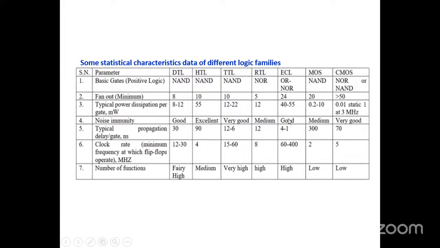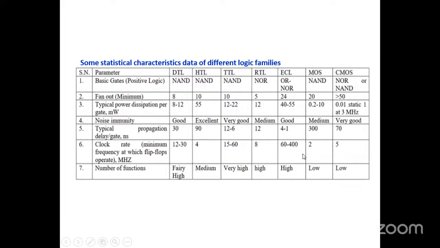Here ECL compared to all has very good noise immunity, and CMOS also has very good immunity to noise. Typical propagation delay is also very much less, that is 70. It is good, and the ECL also, whereas the others are very much high, whereas ECL and CMOS are better in designing the ICs.